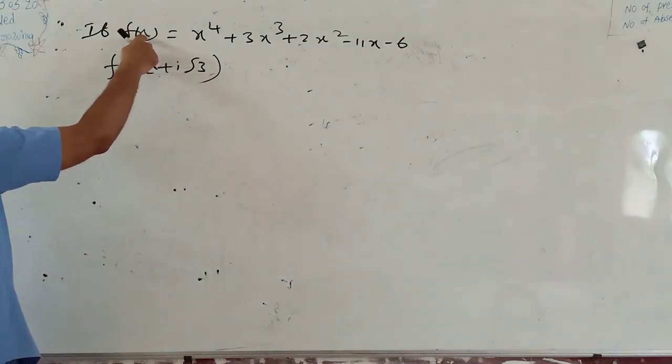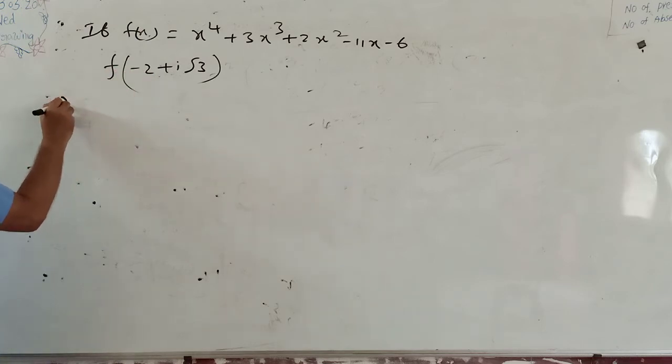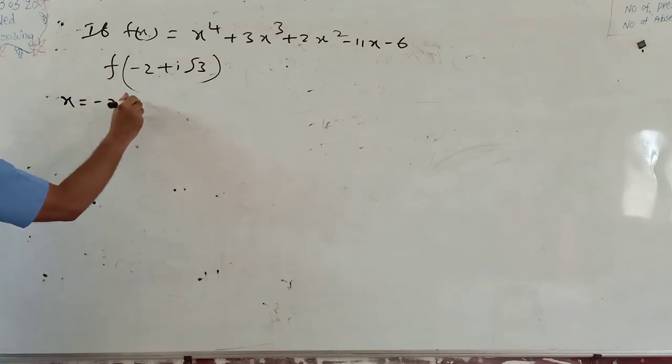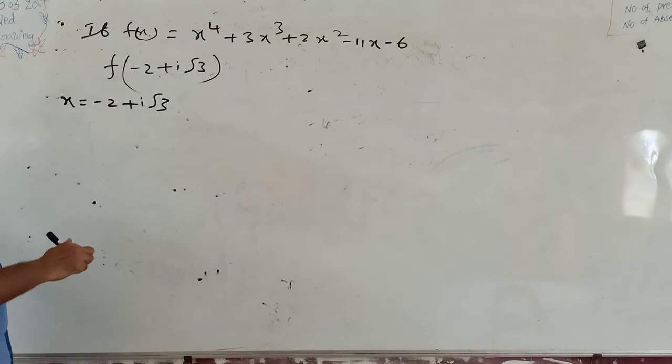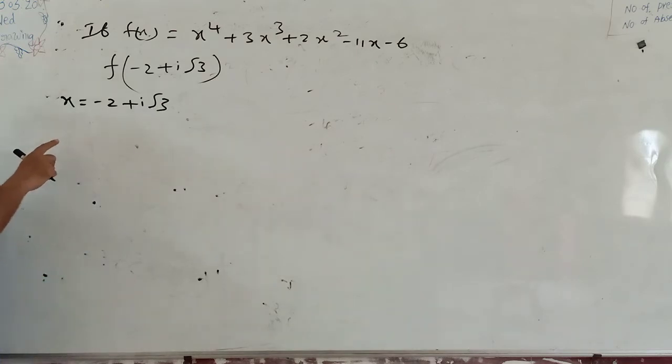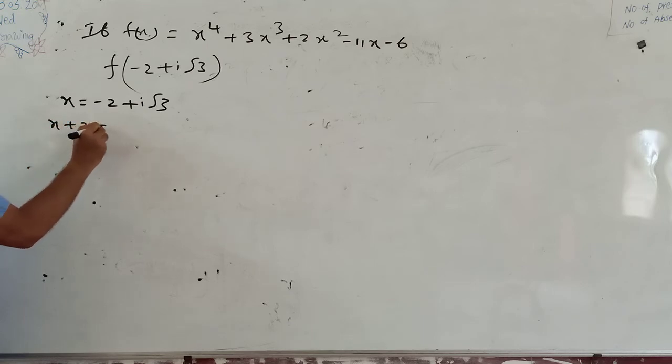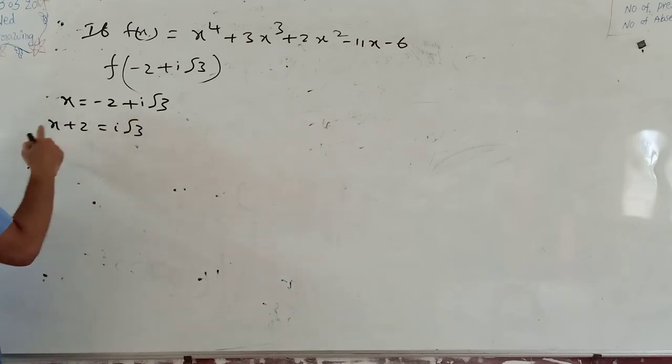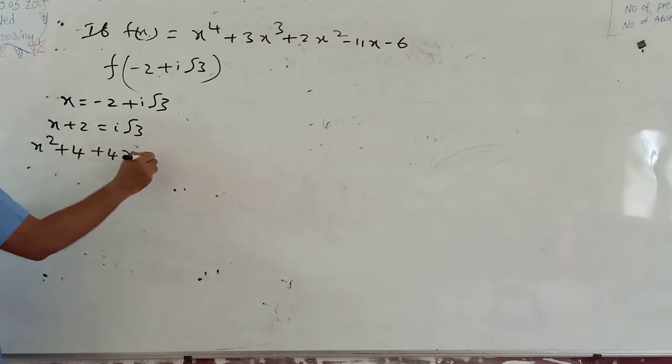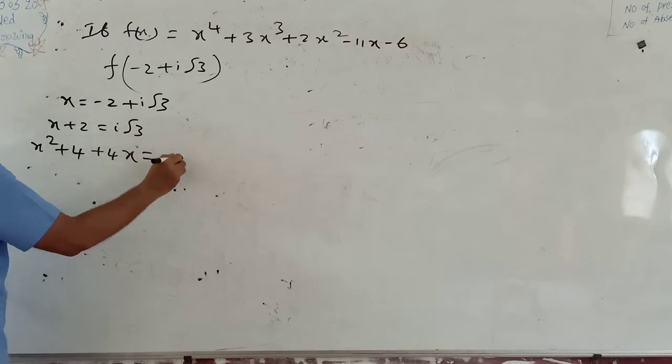First, in the place of x there is minus 2 plus i root 3. X equals minus 2 plus i root 3. First form the second degree expression by eliminating i. Send this one to the left side: x plus 2 equals i root 3. Squaring on both sides: x squared plus 4 plus 4x equals i square value minus 1 times 3.